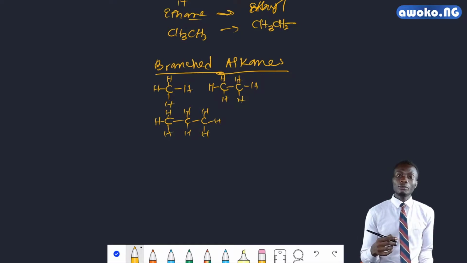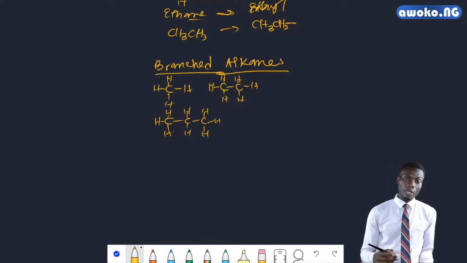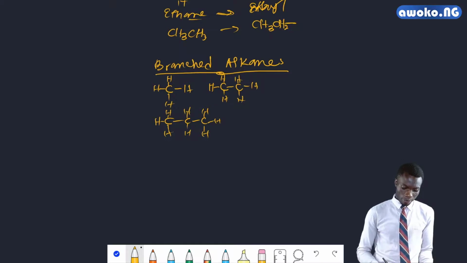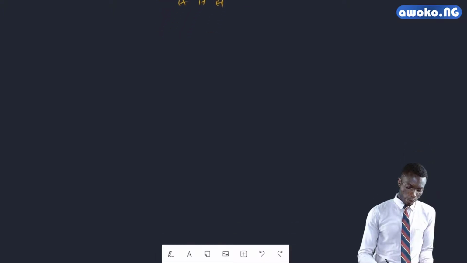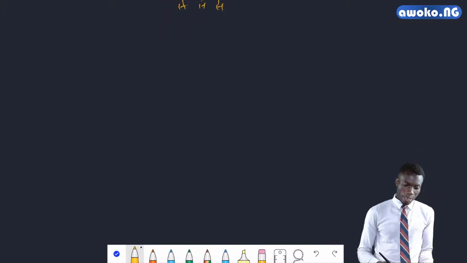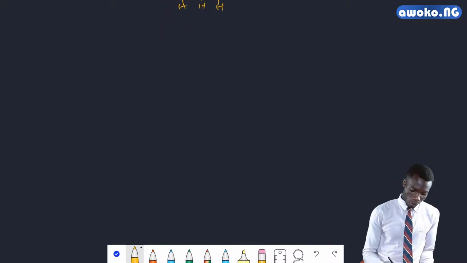So isomerism is the ability of a compound to have the same molecular formula but different structural formula. We are going to demonstrate it with butane. Now, for butane, of course, we all know that butane has carbon number 4. So this is butane.